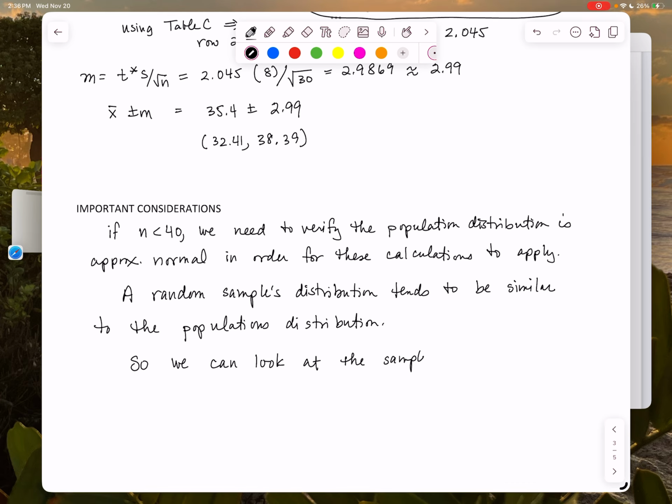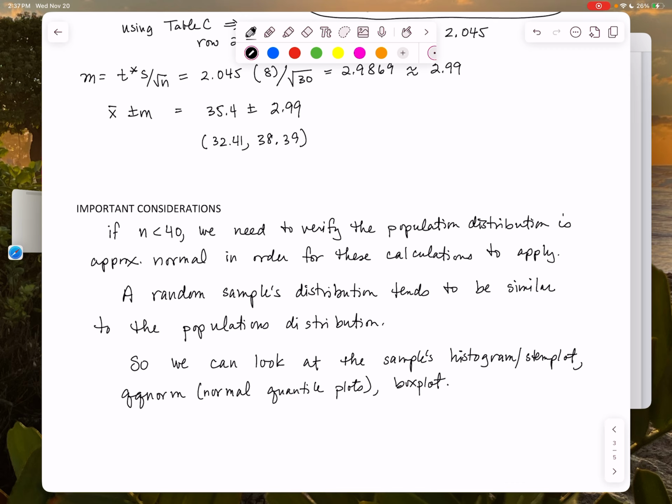We can create a histogram or a stem plot. We can do one of those QQ norm plots, those normal quantile plots, or maybe a box plot. We can do all of these, or just a few of these, but this is how we can check to see if we think it's reasonable to assume the population distribution is normal.